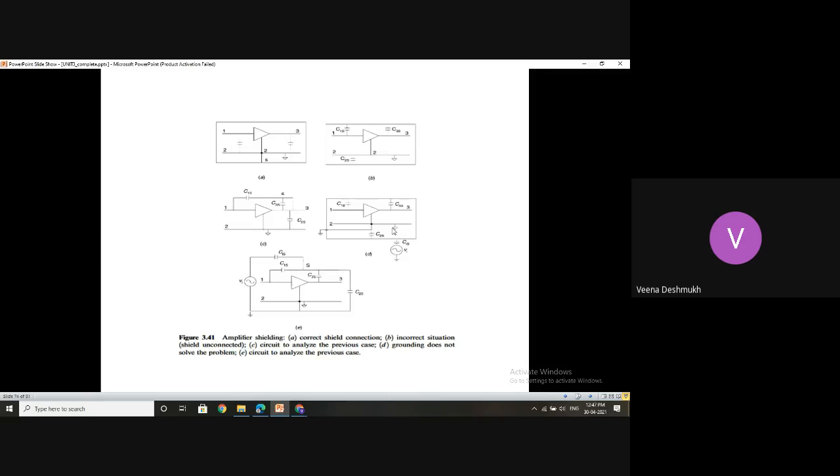So one ground here and one more ground here, and these two in turn are connected to the same potential point. Otherwise, between these two points, there may be some voltage, Vi, which is going to be produced.